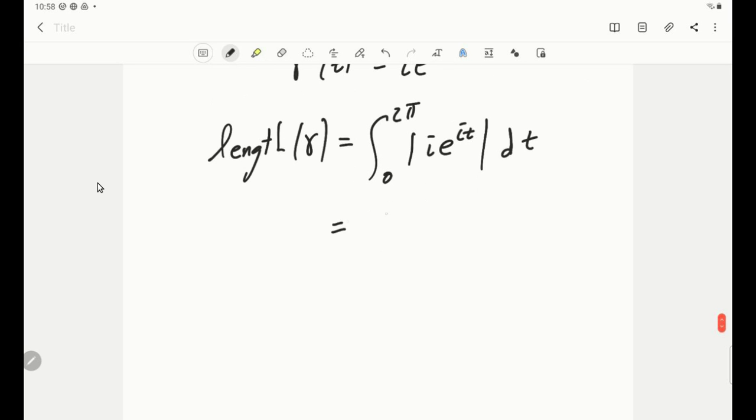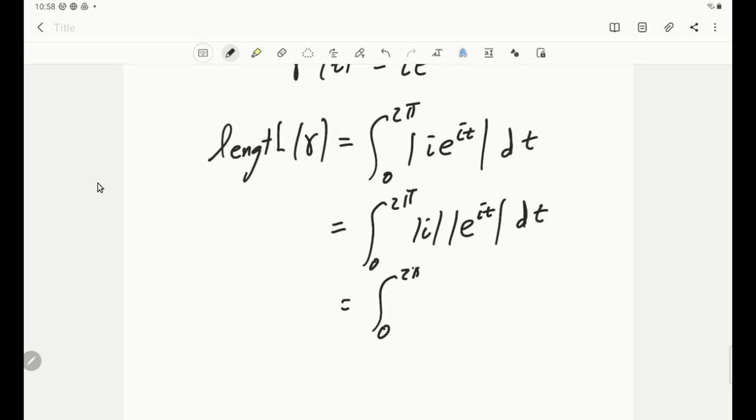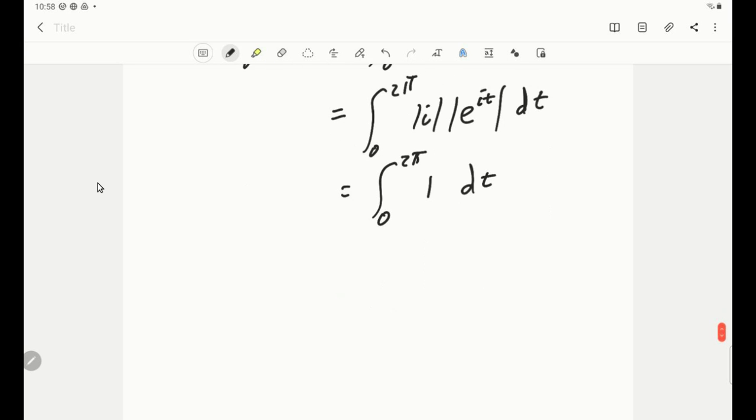This is the same thing as the integral from 0 to 2 pi of the absolute value of I times the absolute value of e to the it dt, and both of those are 1, so this is the integral from 0 to 2 pi of 1 dt, and we get 2 pi.